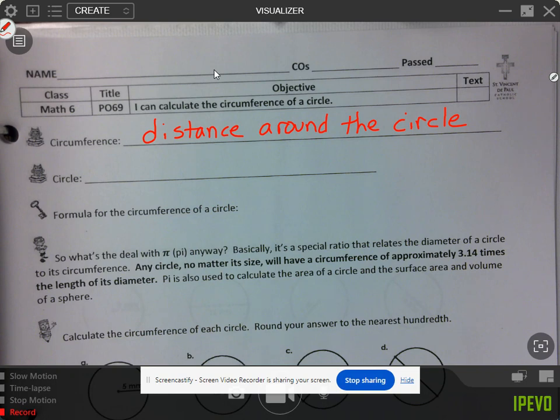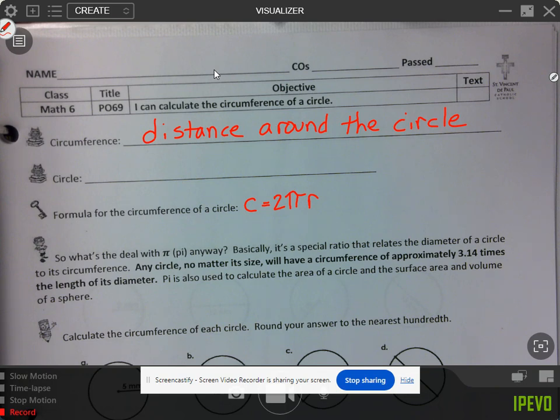So we have two different formulas for our circumference. What is one of the formulas? 2 times pi times radius. 2 times pi times the radius. What is the radius?